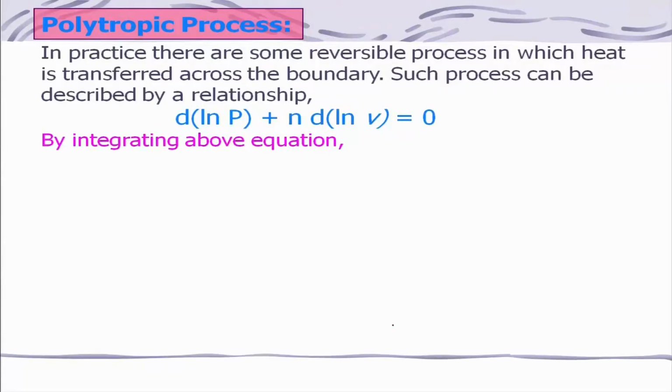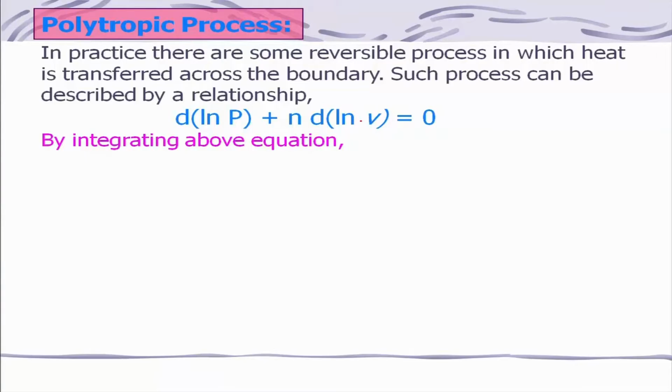This polytropic process, which you will learn later on, is very important because you do not really know what will be happening in an actual system. If you could know that, then one can use it. In practice there are several reversible processes in which heat is transferred across the boundary, and such a process can be described by a relation like d ln p plus n d ln v.